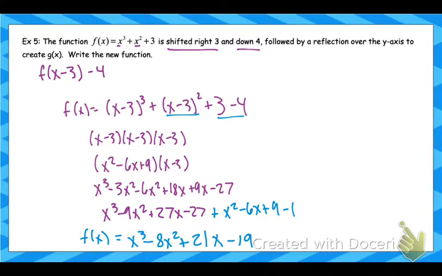The last step is a reflection over the y-axis. So remember, reflecting over the y is f of negative x. That means I replace all of my x's with negative x's. So that means my new function, we'll go ahead and call it g of x. I'm going to replace those x's with negative x's.